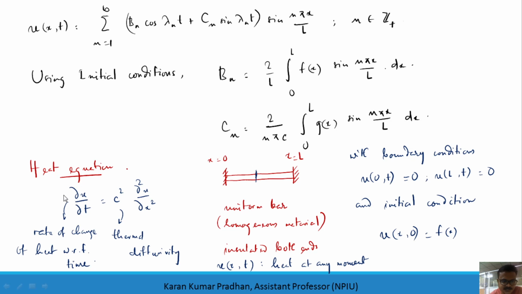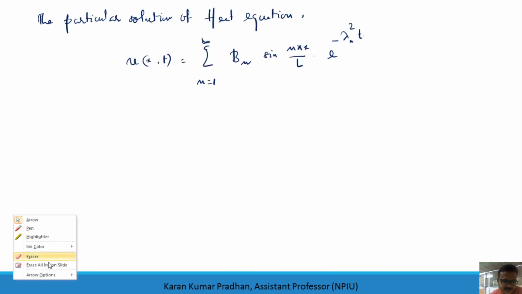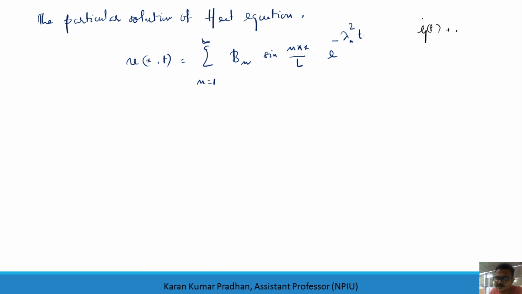That means g prime of t plus c squared k g, which is a function of t, equals 0. So g prime of t divided by g of t equals c squared k. I think this is correct. Wait, this is minus c squared k.